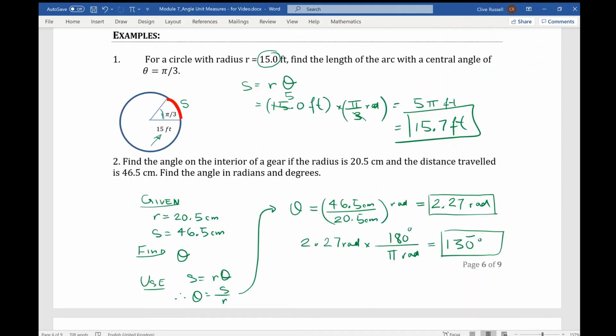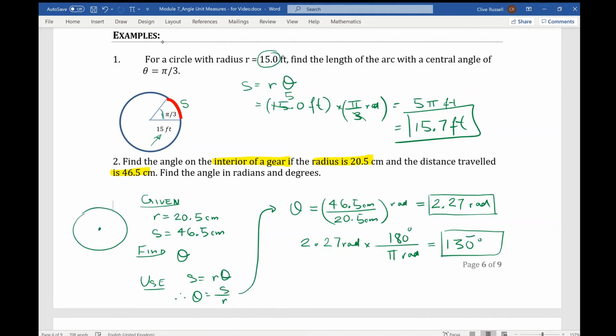So our second example says, find the angle on the interior of the gear if the radius is 20.5 centimeters and the distance traveled is 46.5 centimeters. So you could see that what you're given here is just a circle.